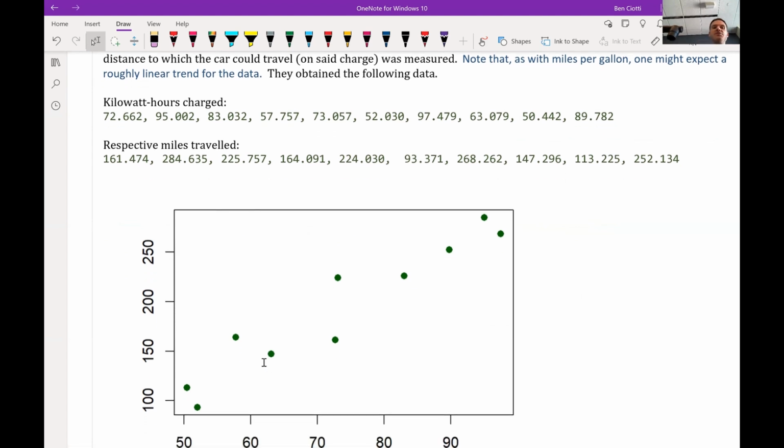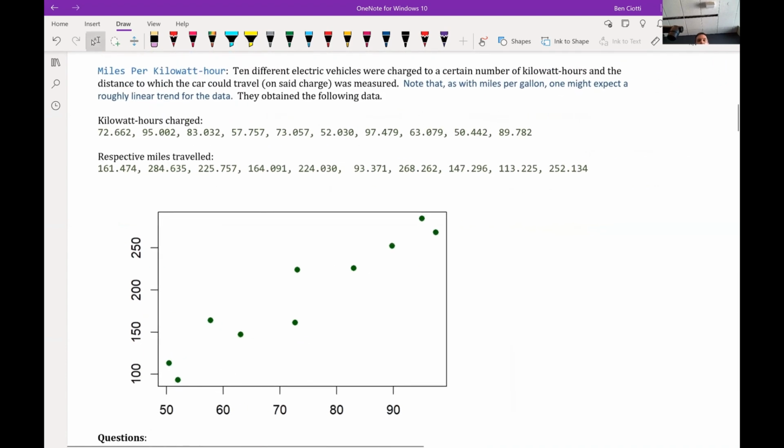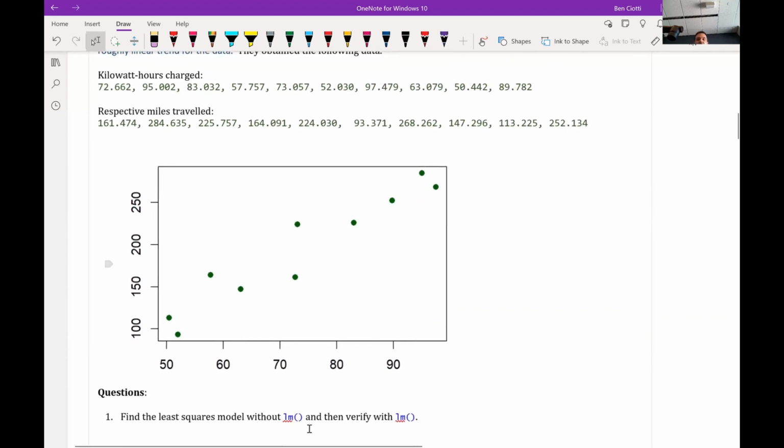So suppose these are the 10 kilowatt hours charged to these 10 vehicles. And these are the respective miles that the vehicles were able to travel. Let's compute the regression line and answer a few questions.